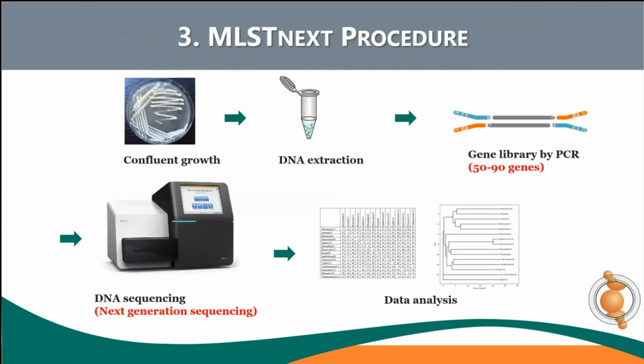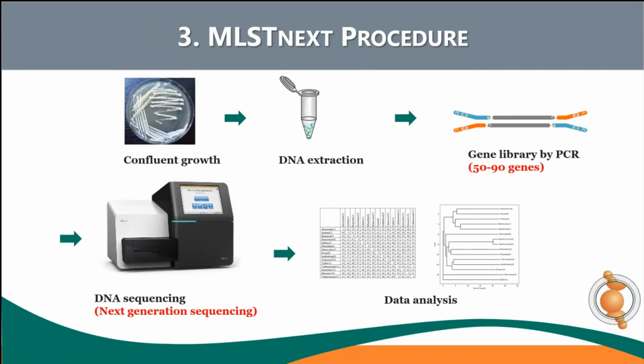The procedure of MLSTNEXT shares some similar steps with traditional MLST, but 2 major steps are modified. First, the PCR step is replaced by a gene library, meaning that each target gene and locus is marked by a specific primer, so that in the next step, all genes from all isolates may be sequenced in one run.